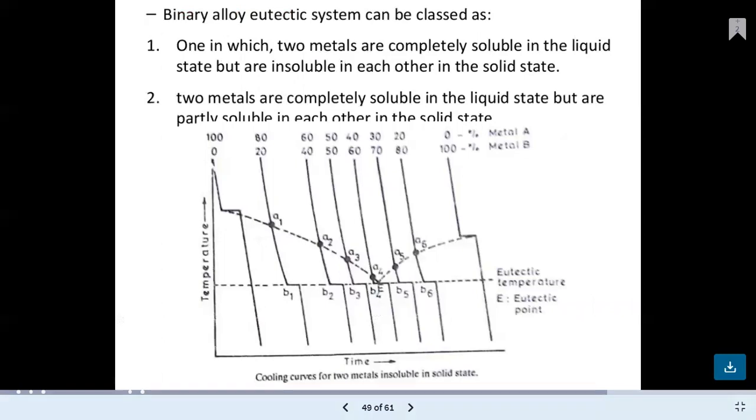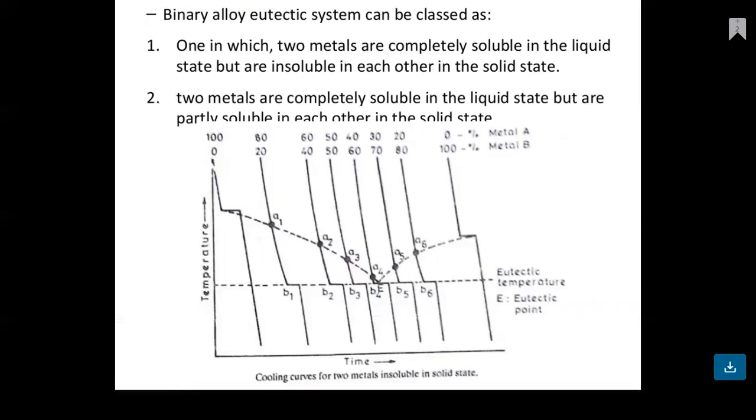If we consider the binary alloy eutectic system, it can be classified into types. The first type is one in which the two metals are completely soluble in the liquid state but are insoluble in each other in the solid state.